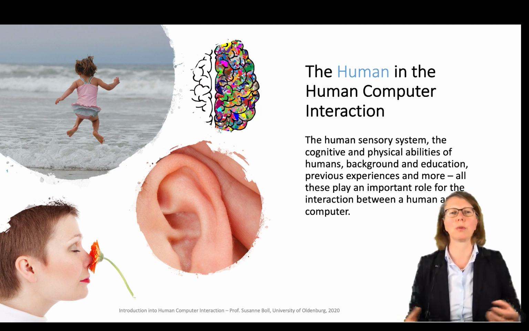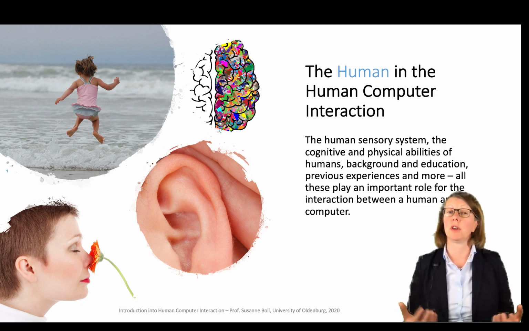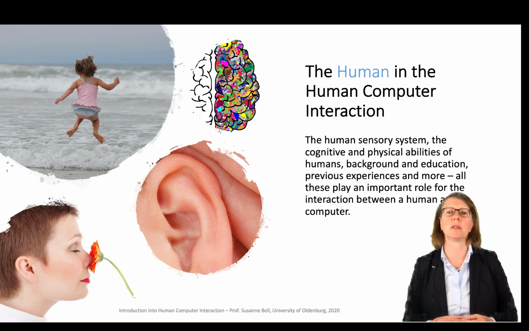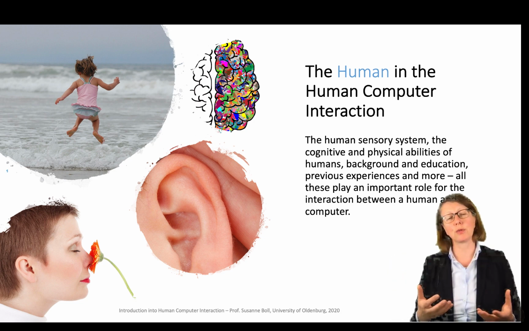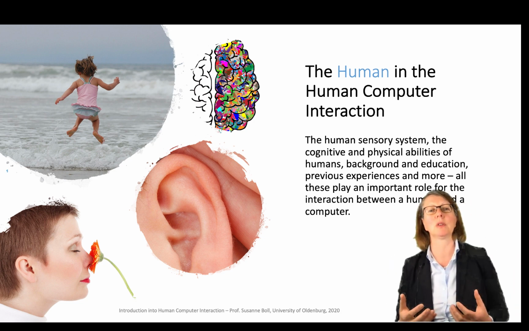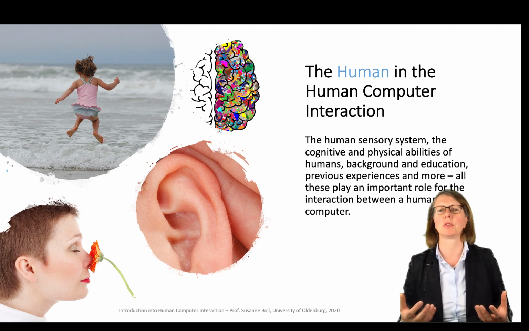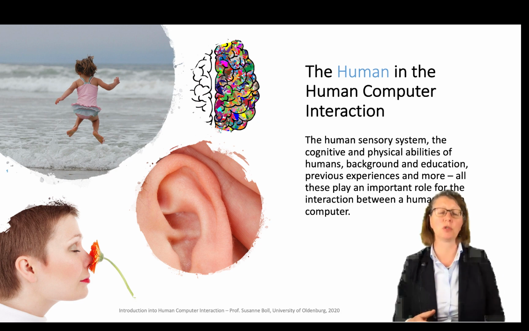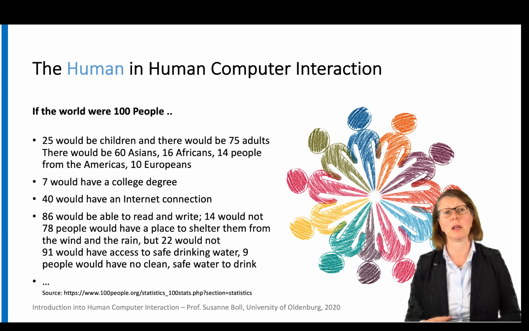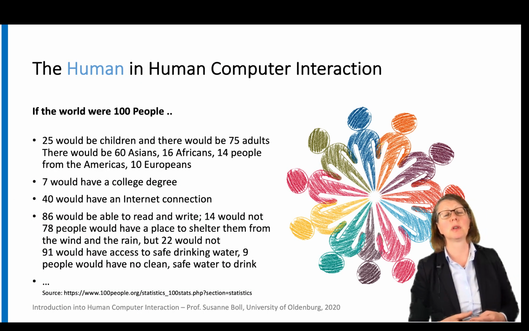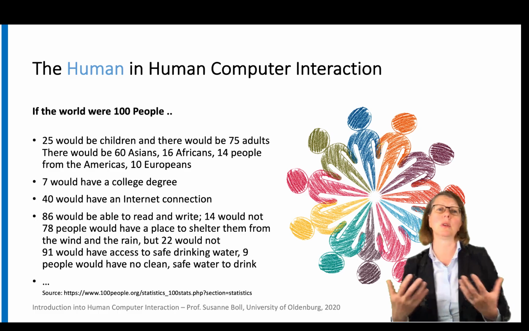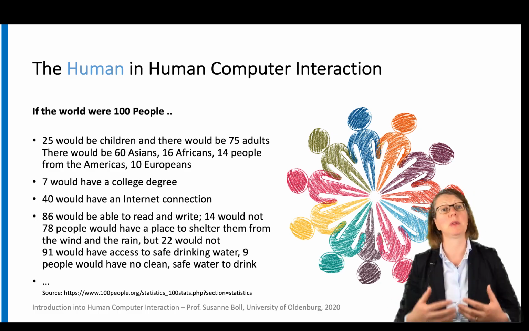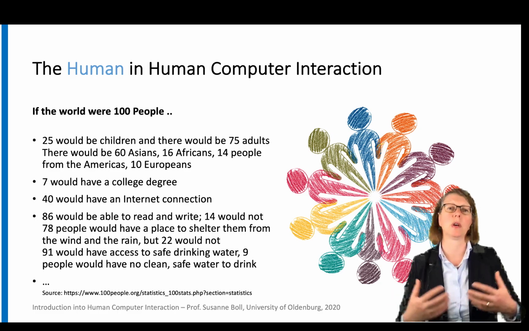You can jump, you can hear, you have very strong cognitive abilities, but you might also have different capabilities with different individuals. So it's very important that we include these capabilities of humans in our design to really meet the individual user's needs.